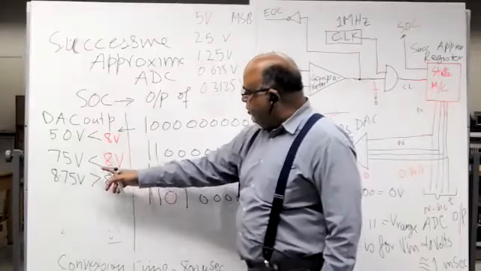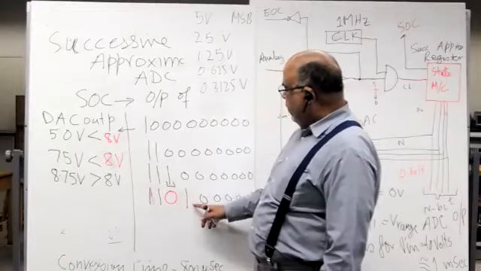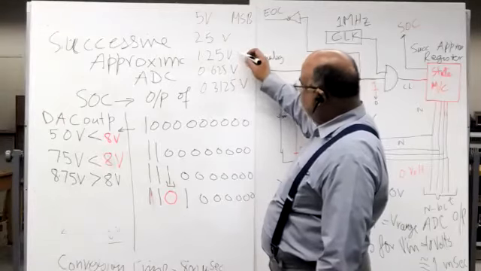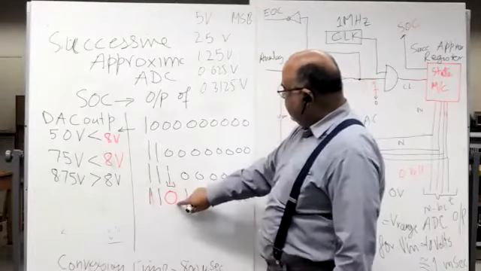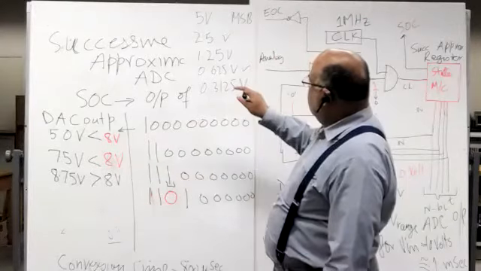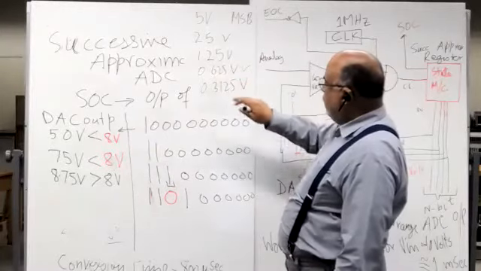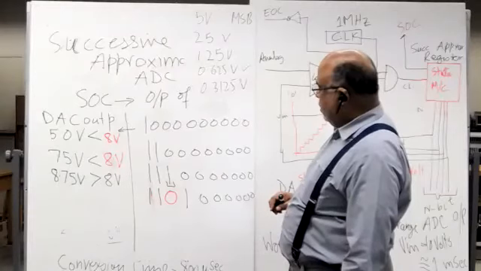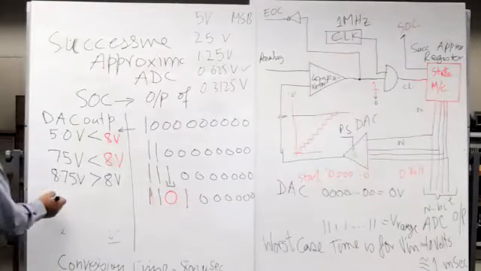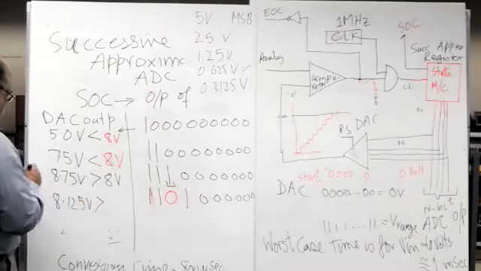So since this bit has made this greater than 8 volt, it will return this to 0 and try the next bit. So next will be removing this 1.25 volt को वो remove कर देगा, because this has increased the input, and it will try the next 0.625. So 7.45 volt plus 0.625 volt किसके बराबर होता है? हाँ भैया किसके 8.125 बराबर? 8.125 volt, which is again greater than 8 volt.